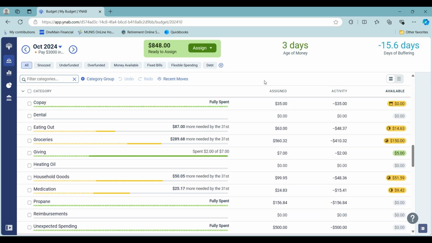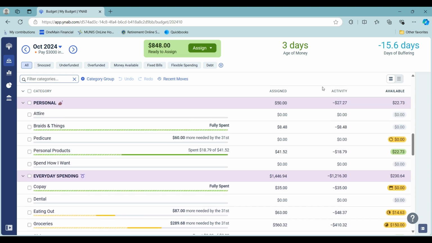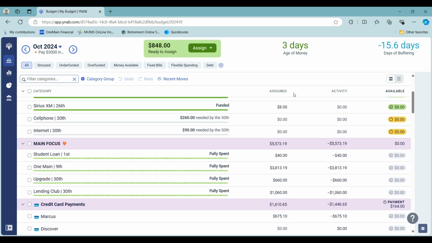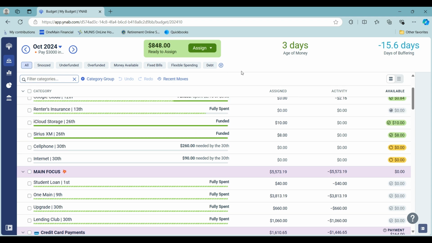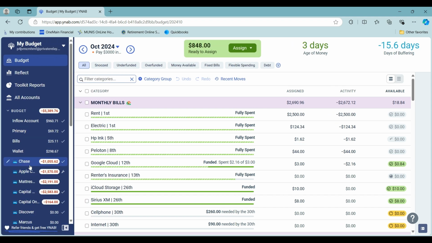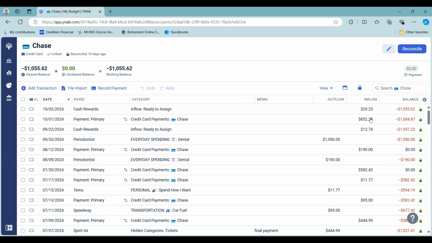So you guys, I am sitting here still, and even for the length of the video that I have recorded so far, I'm still thinking what I should do with this $848. Should I just go ahead and throw it towards the credit card because that's what I got the money for? Because I did pay that money on the credit card of $852 and 35 cents.